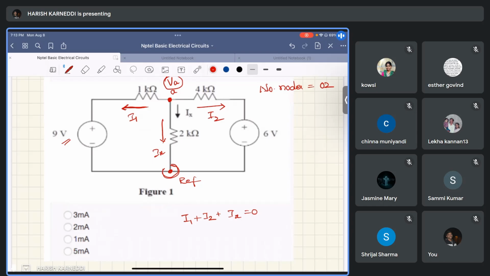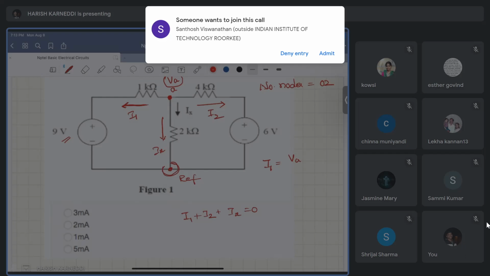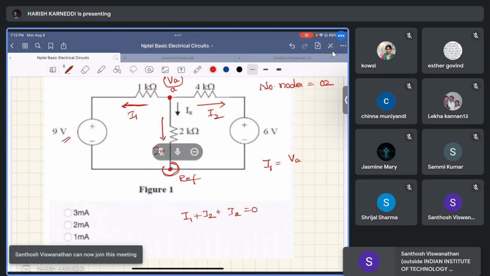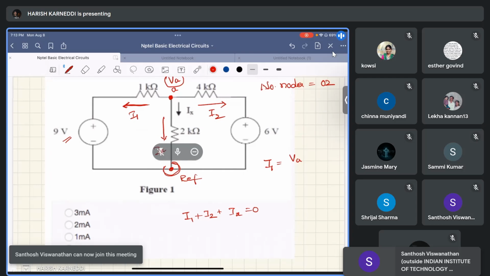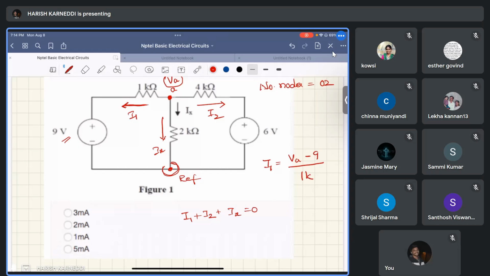What is I1 here? I1 equals the voltage at node A, that is VA, minus the voltage at this point, that source is 9 volts, by the resistance, from Ohm's law.